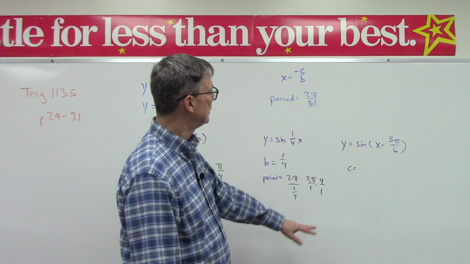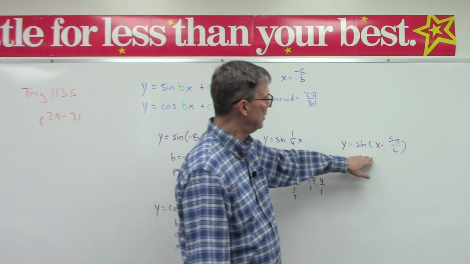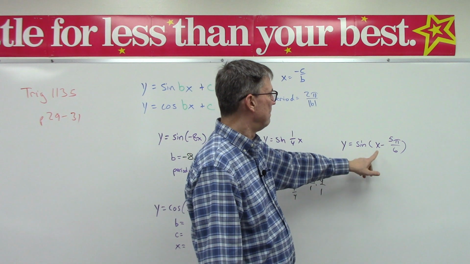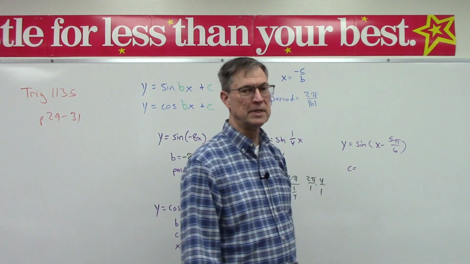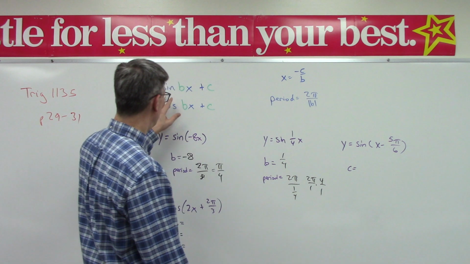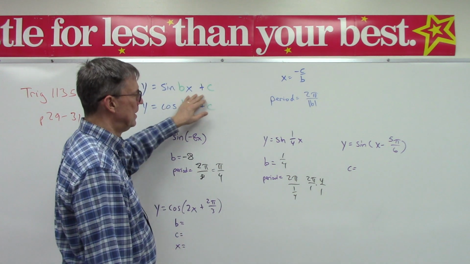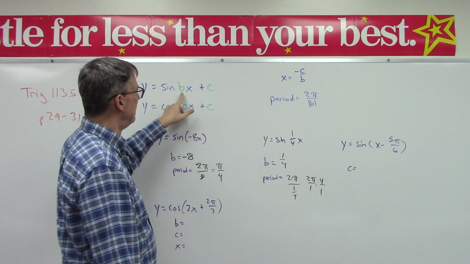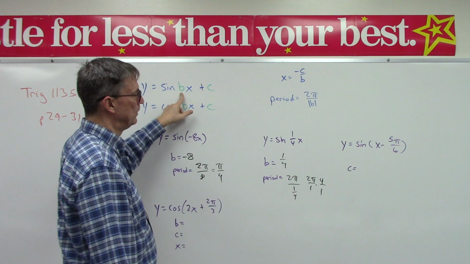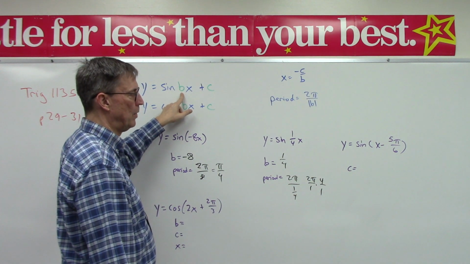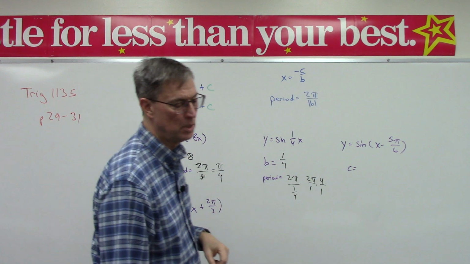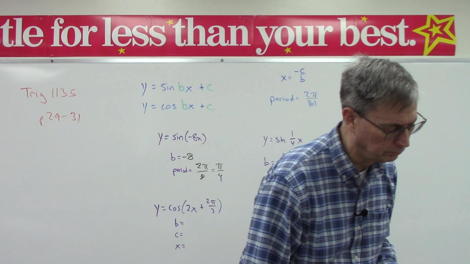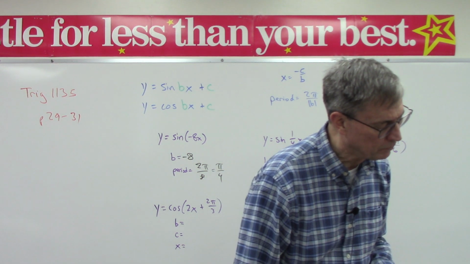Now let's talk about, on the next page we had a problem like this where we're supposed to figure out, well, what is the b value, what is the c value? Well, I can look at this form of the equation, this is again this one, and we have the sine of bx plus c, but b is simply 1. And we're not even asked to find that here on page 31. Am I looking at the right one? Bottom of page 30.